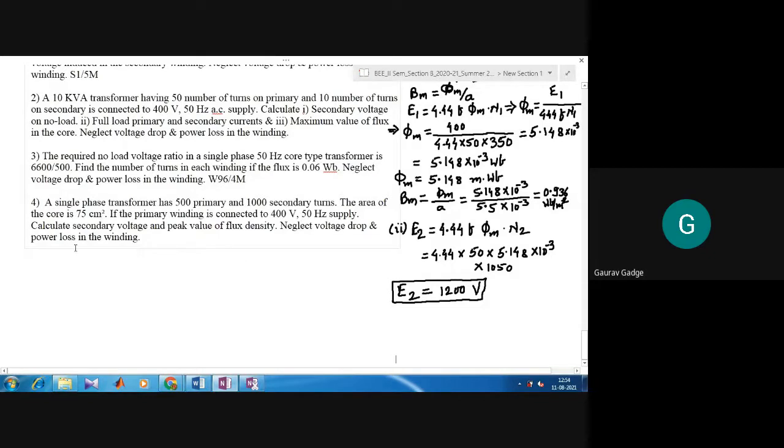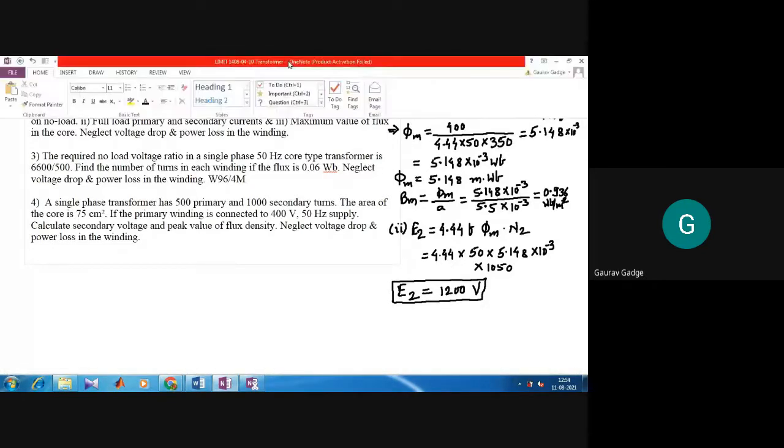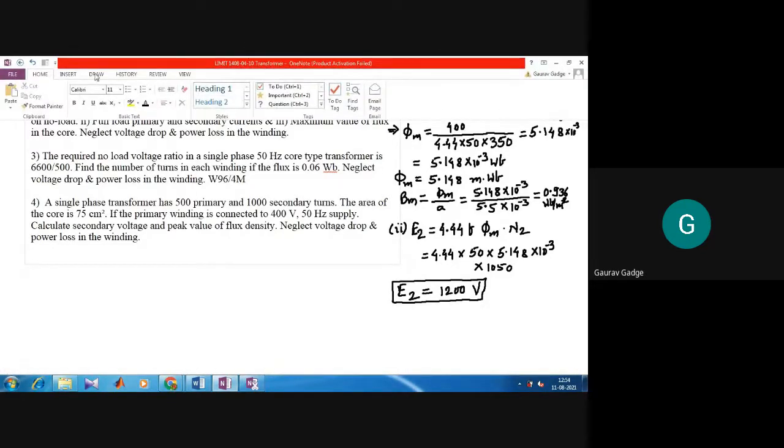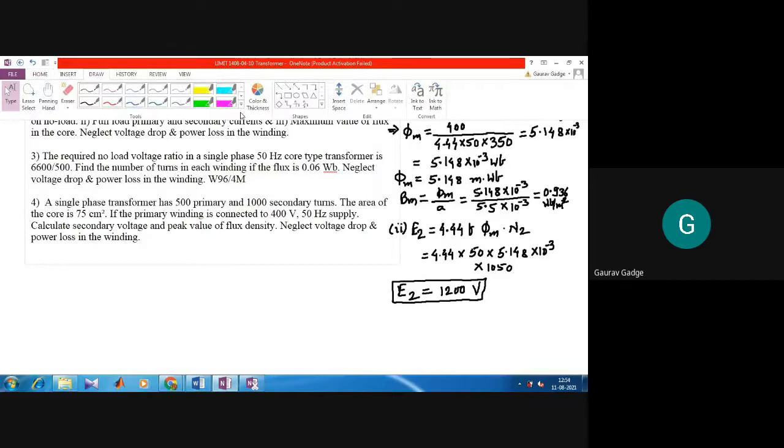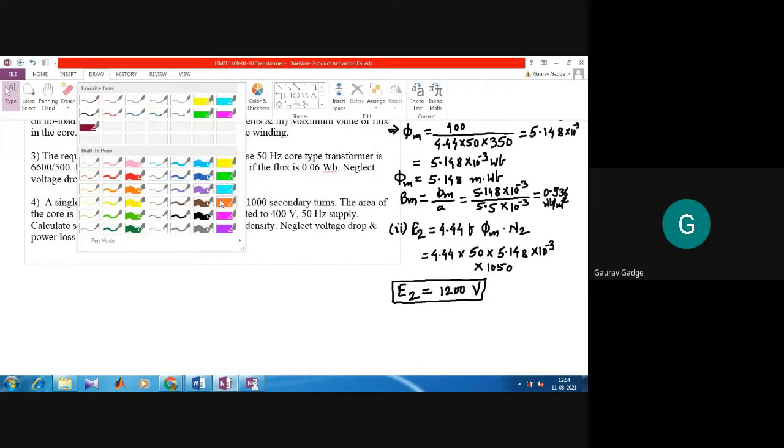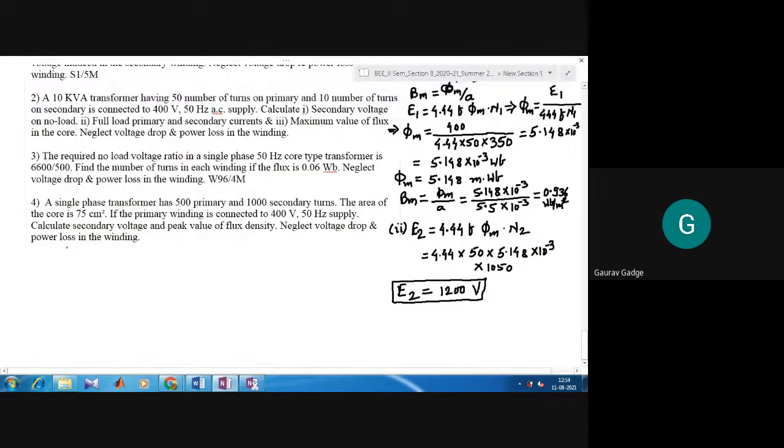Okay. Let us write down the given quantities for the fourth numerical. Can anyone tell me? A single phase transformer has 500 primary turns. So it means what is given?